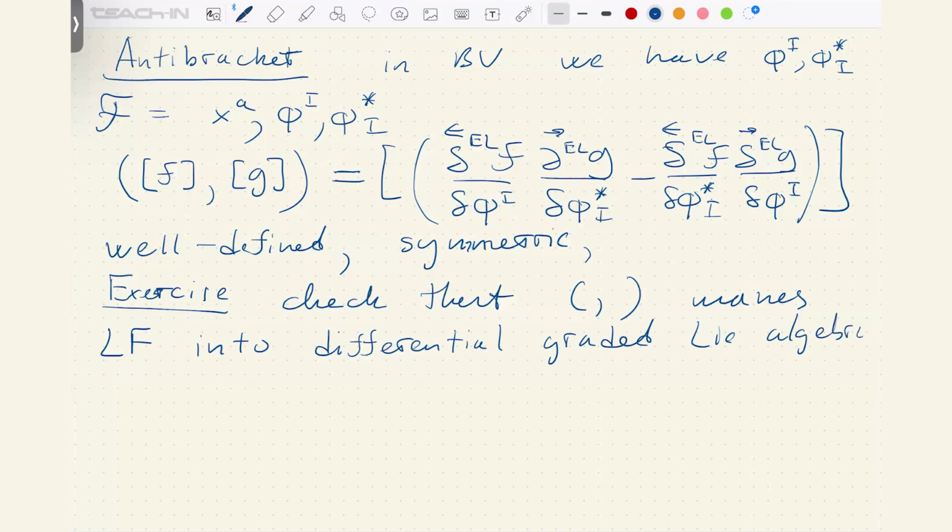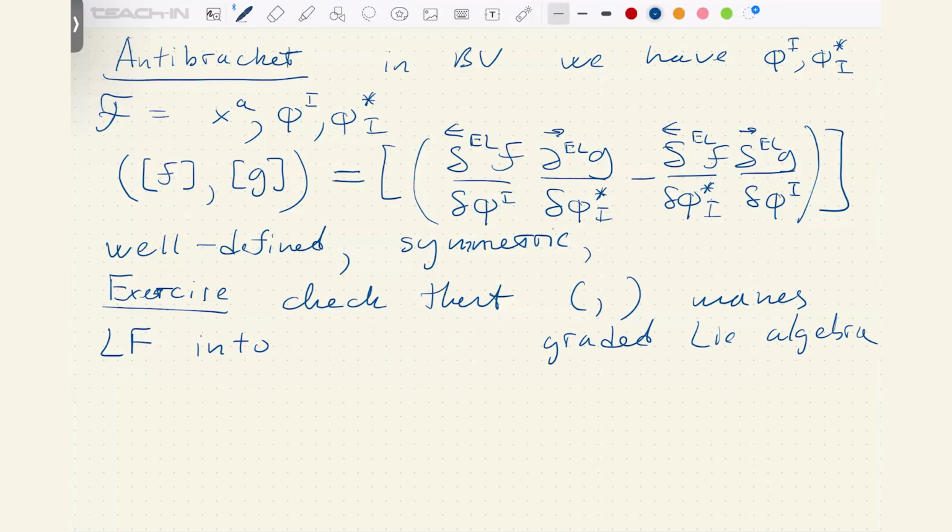What does it mean? It just means a graded Lie algebra, so there is a certain degree, and in fact it's not the ghost degree, you need to shift a little bit, plus a differential. Oh, sorry, we don't have the BRST differential yet. We will add it when we have it.